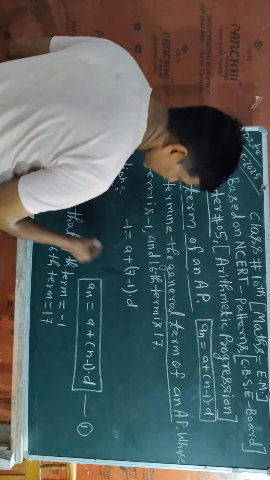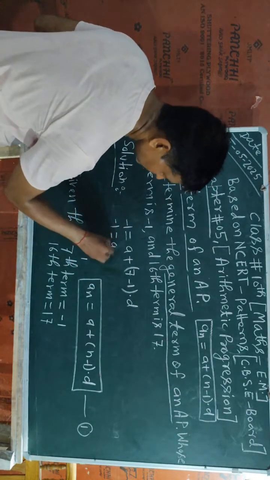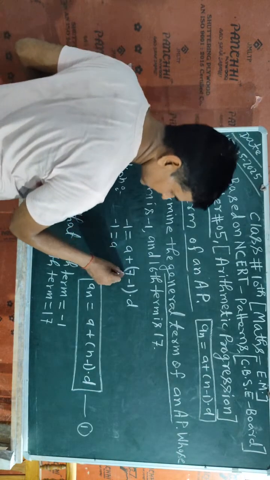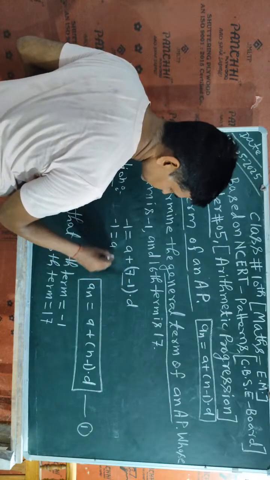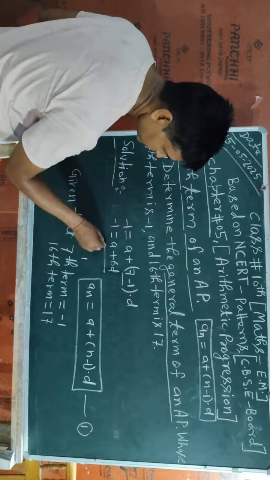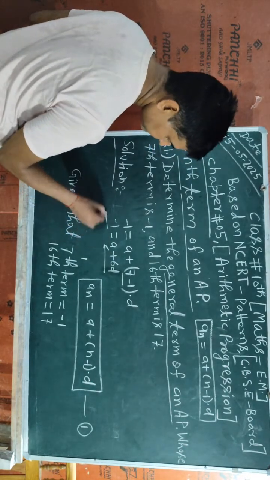After simplifying, I will write: minus 1 is equal to A. This is a plus sign and this is also a plus sign. So I will subtract 1 from 7 and I will get 6 into D. In other words, we can write A plus 6D and minus A.